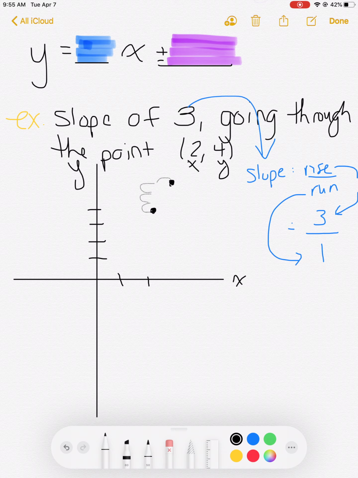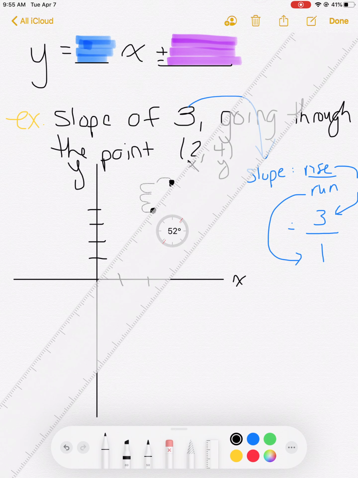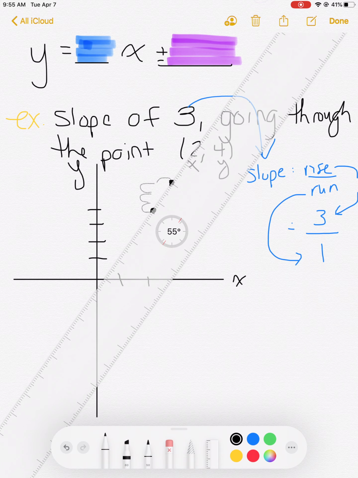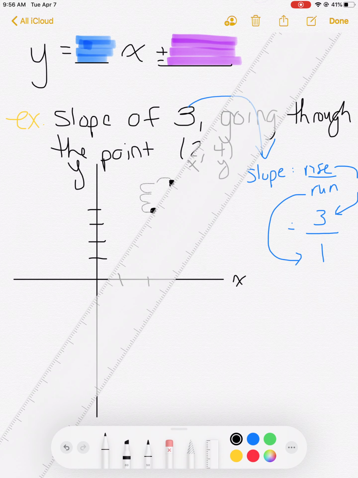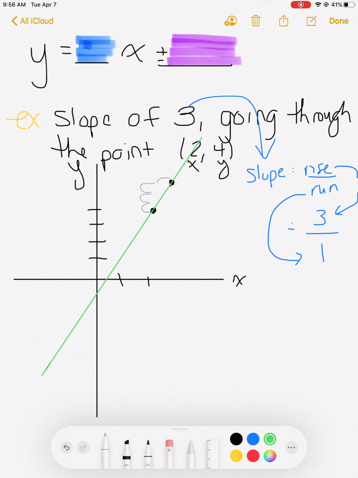Then you get your ruler and draw it. There's my line. Okay, so, wow, Miss B, that's so easy. Why can't we just do that?